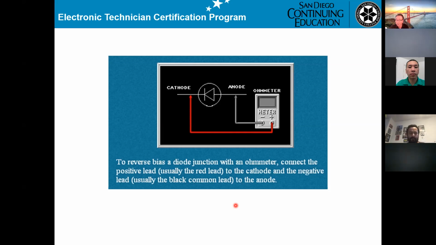When you measure forward bias, with red on the anode and black on the cathode, it will measure a very small resistance. Now reverse it, connecting red to the cathode and black to the anode, and you get a big resistance. That means the ratio between forward and reverse is quite different, so the diode is good.